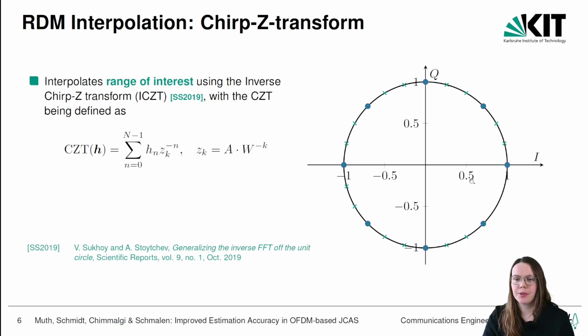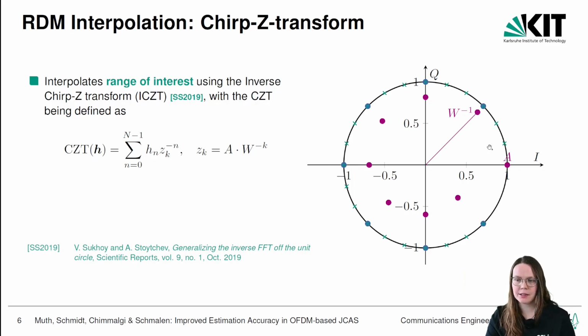So to show how this works, I went into the Z domain and I put the points of our FFT here on the unit circle, which are our blue circles. And with the green axis, this is what we get when we apply zero padding. So we get a lot more points on this circle. But now if we apply the CZT, we can potentially work here in this spiral.